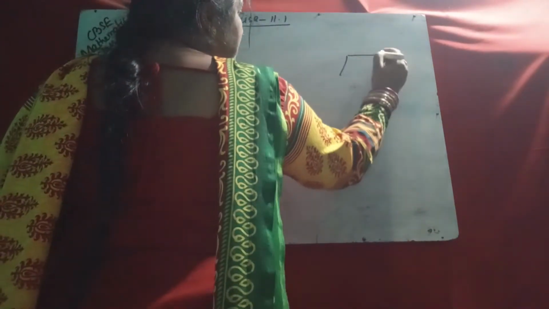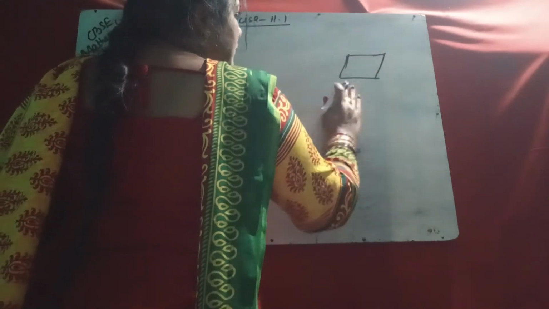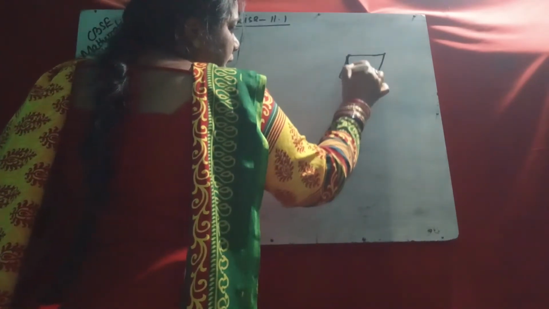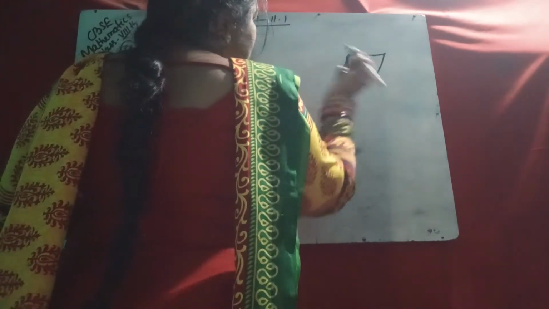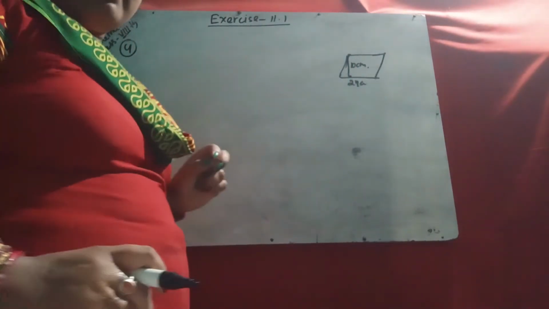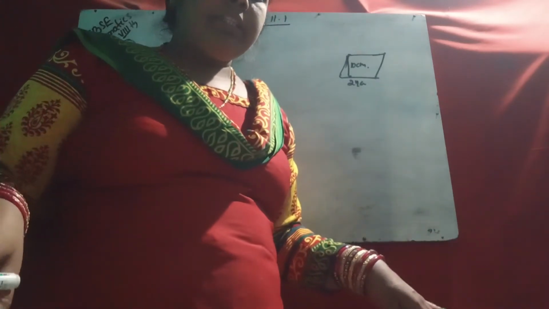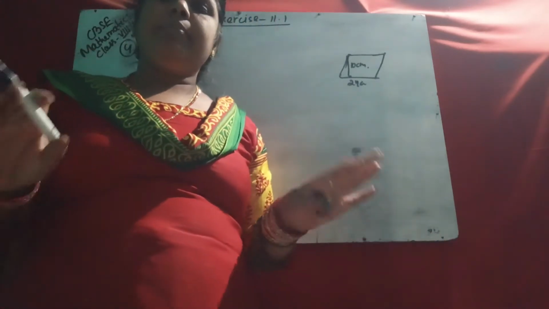It is a simple problem. Then the area of the floor is given, that is 1080 meter square.